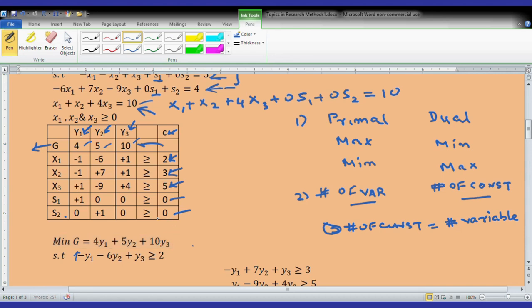So this is one thing that you need to keep in mind, that the right hand sides of the constraints will be defining the coefficients of the dual variables.